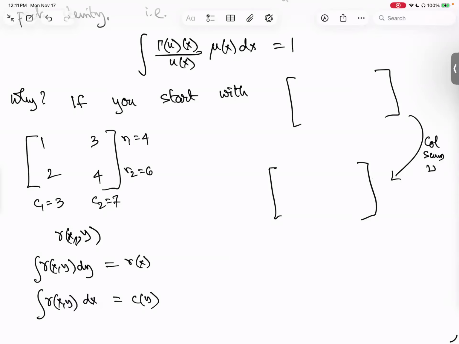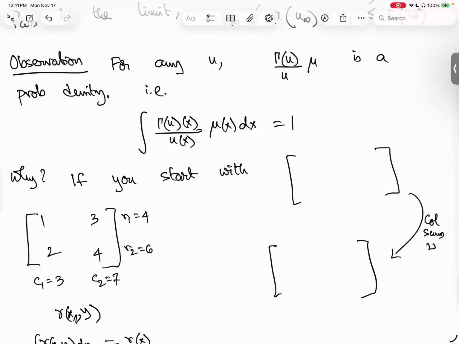So what I was saying is that if you take a joint density, which you can represent by a matrix, and you do one iteration of the Sinkhorn algorithm, you get another one where the row sum, which was mu, is now not mu. It's something else. You can ask, what has it become?